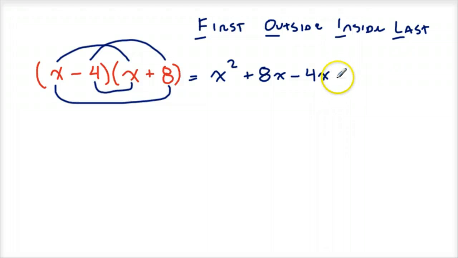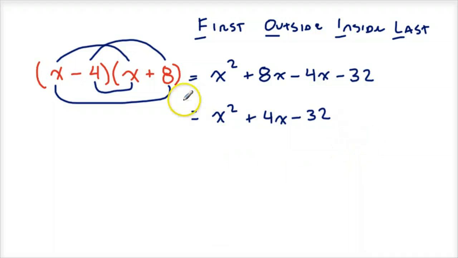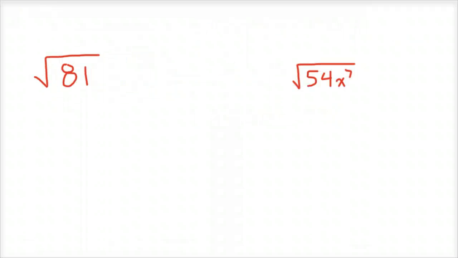And that's going to be -32. The last thing I have to do here to simplify this is x squared plus 8x minus 4x. I'm going to combine those like terms, and that's going to be plus 4x and then minus 32. So that's just performing the FOIL or multiplication over two binomials.